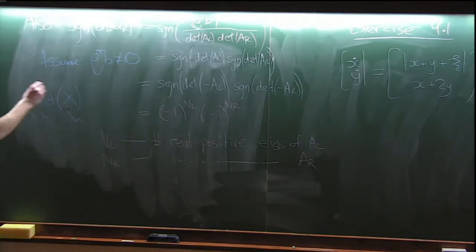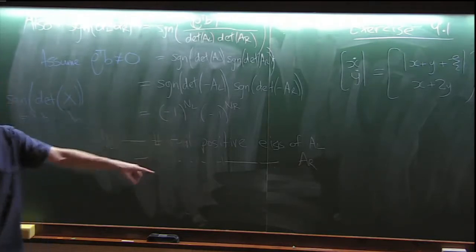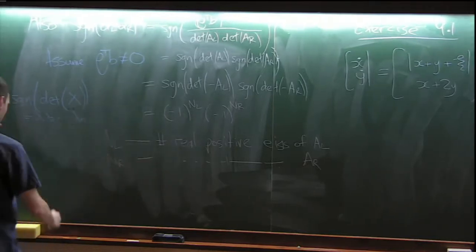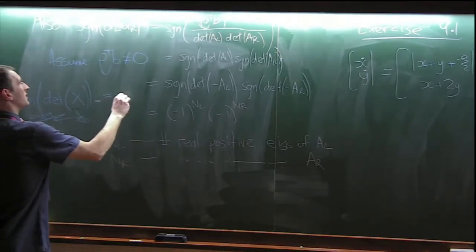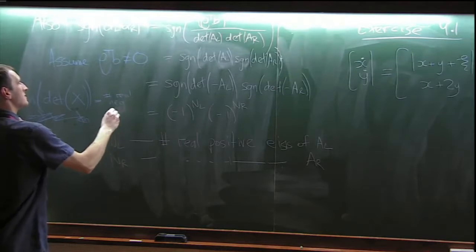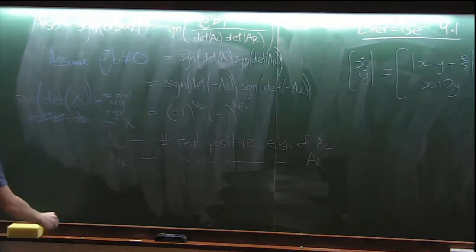So the sign of this thing is determined by the number of real negative eigenvalues of X.